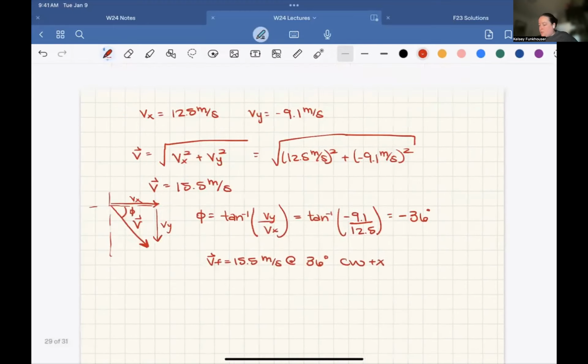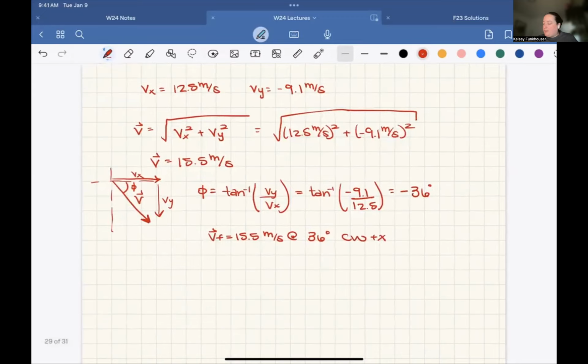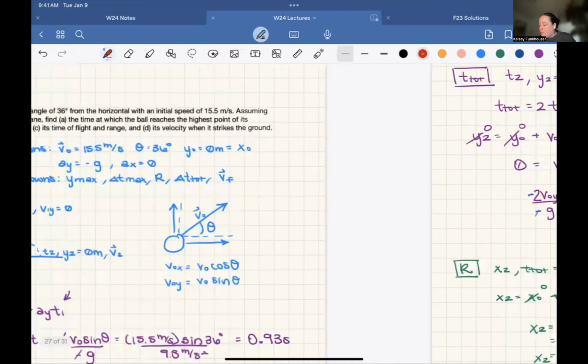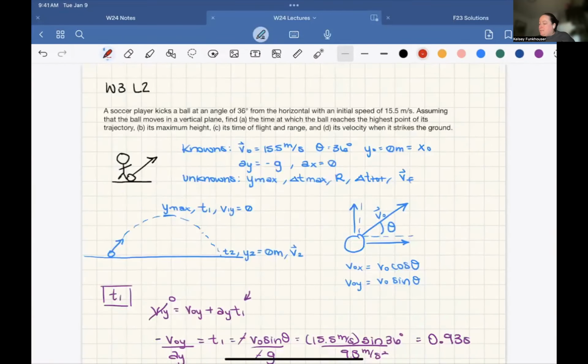Okay, so I'm going to briefly go back through this because this was a long example. We have someone kicking a soccer ball from the ground at an initial velocity of 15.5 meters per second and a launch angle of 36 degrees. We had a bunch of stuff to find. I drew out our trajectory so that we could break up where we were looking for things.